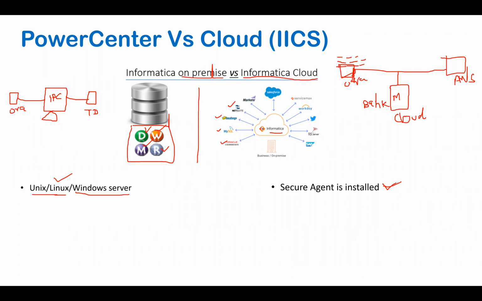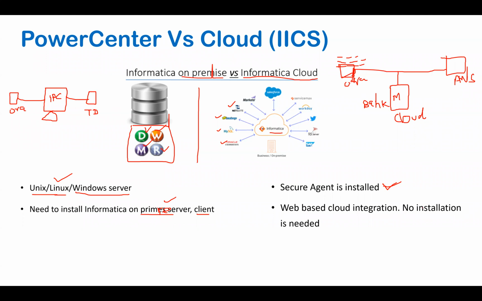In a real-time project, only the secure agent is installed in the project environment, and you just connect to IICS by opening it. That's it. Here you need to install the Informatica on-premises server, and the client also you have to install. The server is in one place, and the client you have to install.